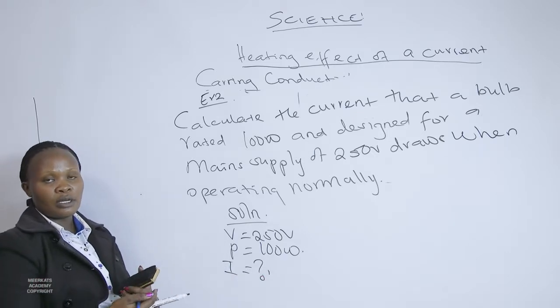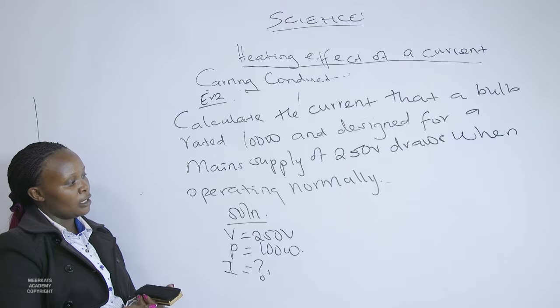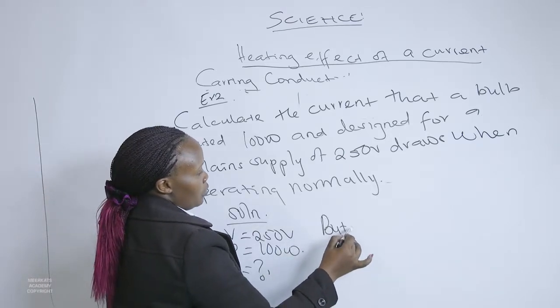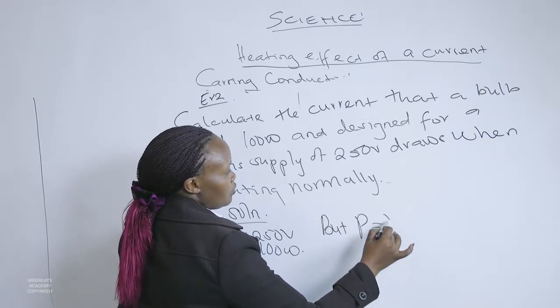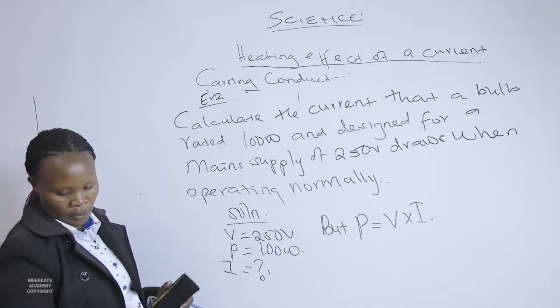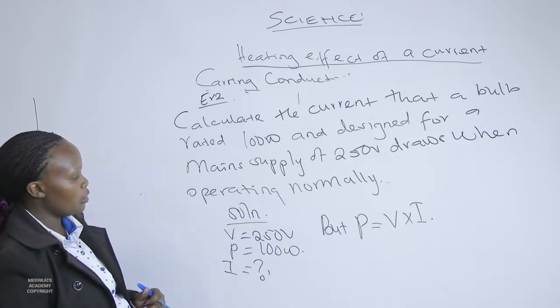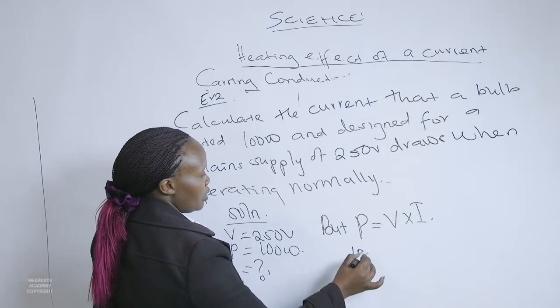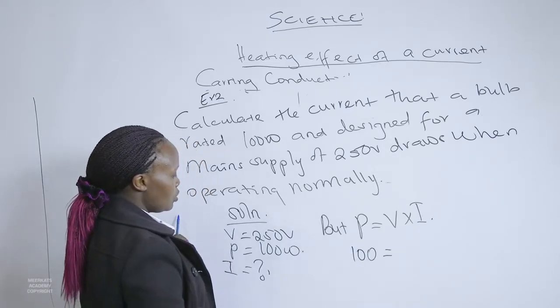But from the expression of power, we know that power is equal to voltage times current.